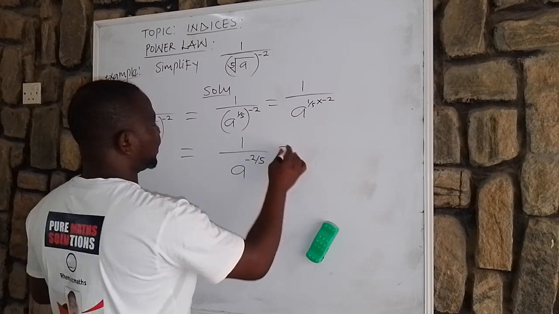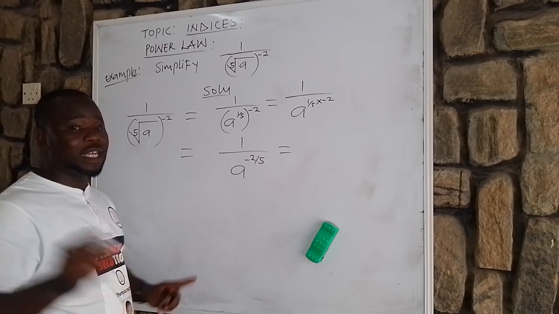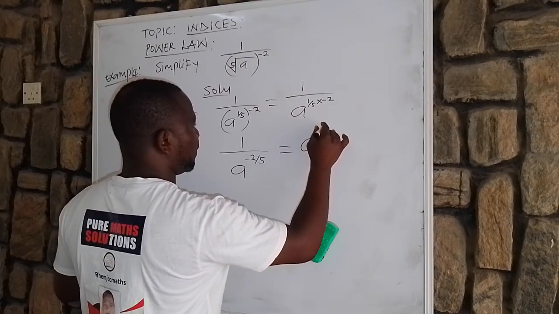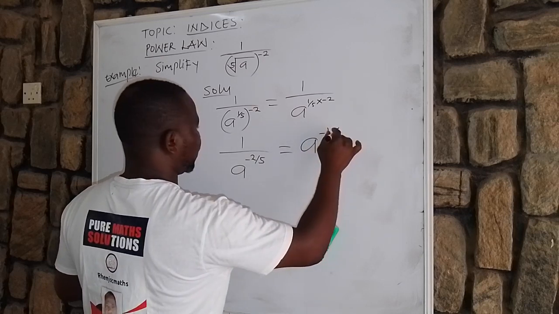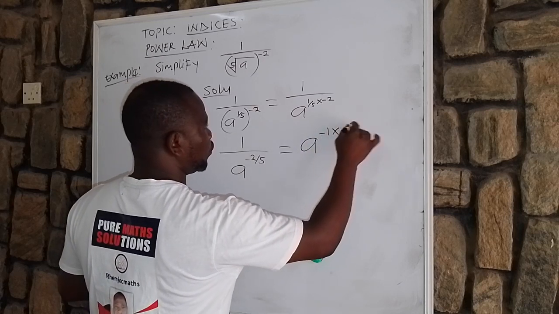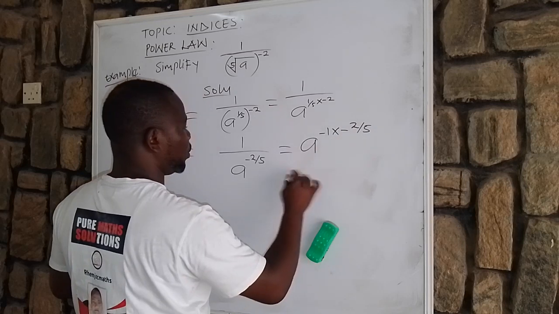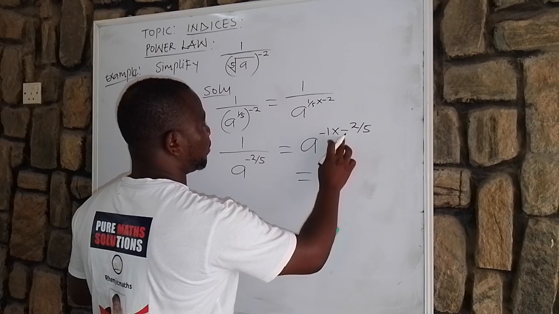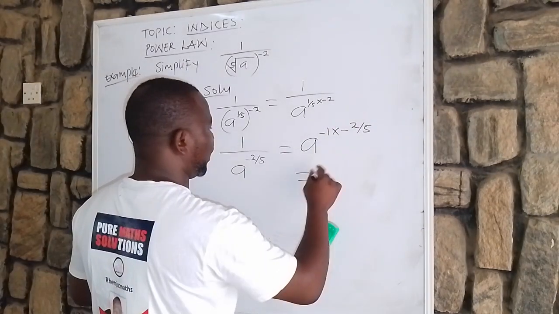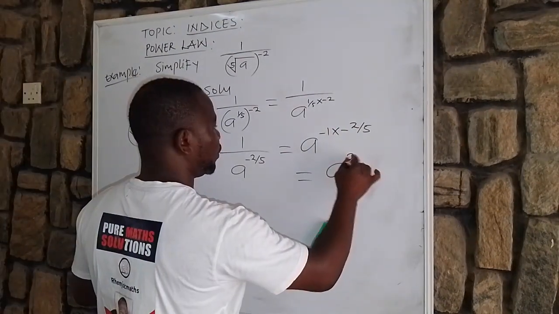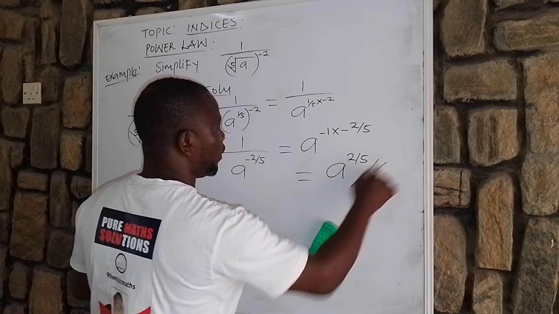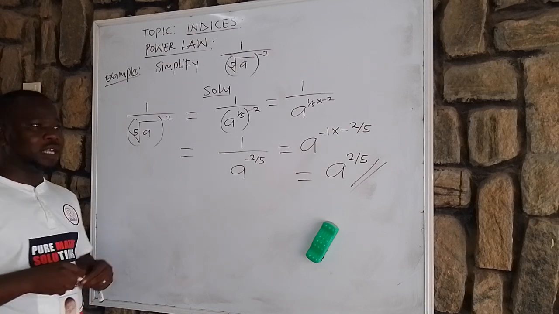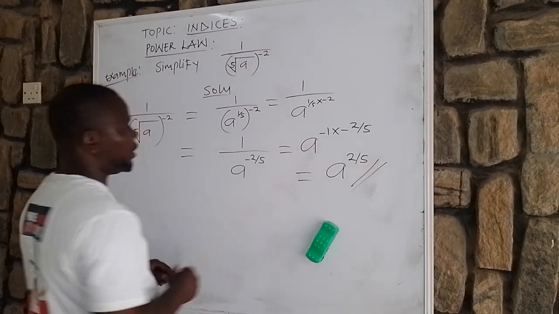Then if we want to bring it up, this is the same as a raised to the power of minus 1 times minus 2 all over 5. So the final answer will now be minus times minus is plus, 1 times 2 all over 5, which is a raised to the power of 2 all over 5. This is how you are going to break it down. Is that clear? And this is the final answer.